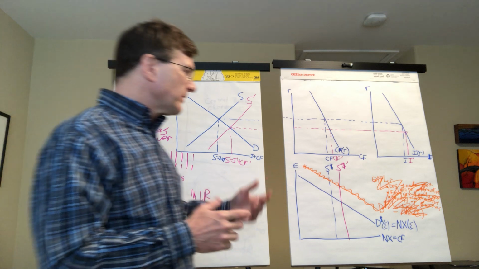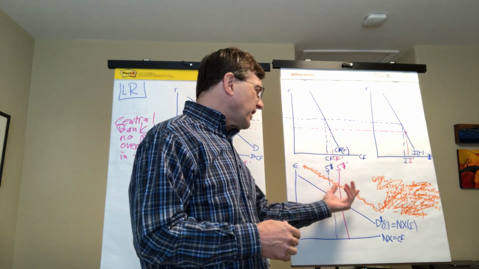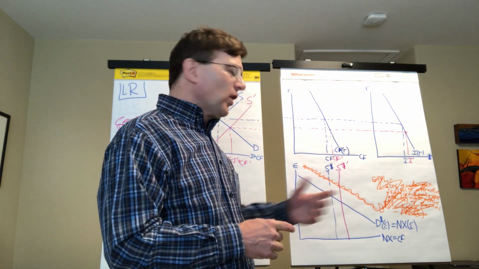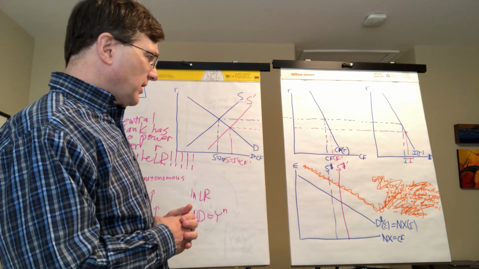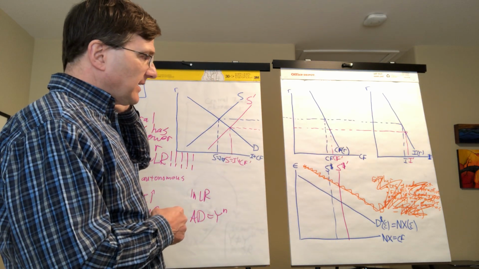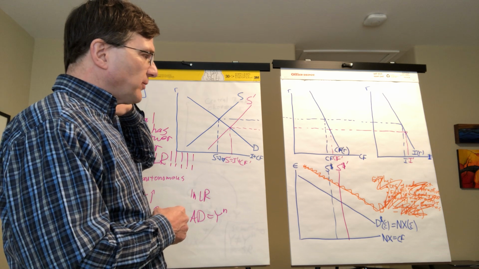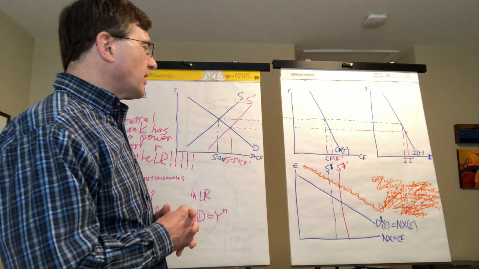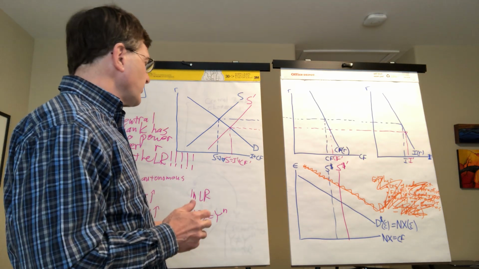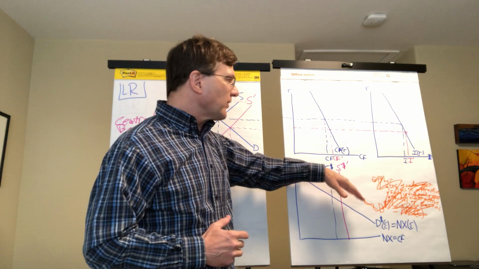And this isn't a change in the desire for consumption overall. This is maybe some change in the balance between getting goods at home and abroad because of tariffs, but not a change in overall consumption. So that's the orange shift here.